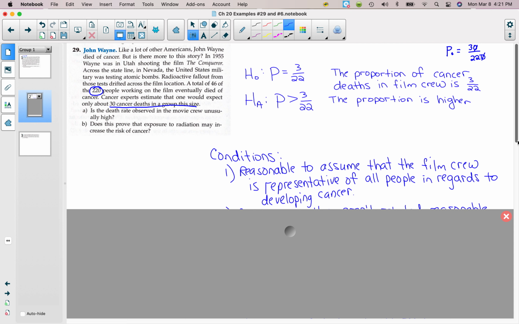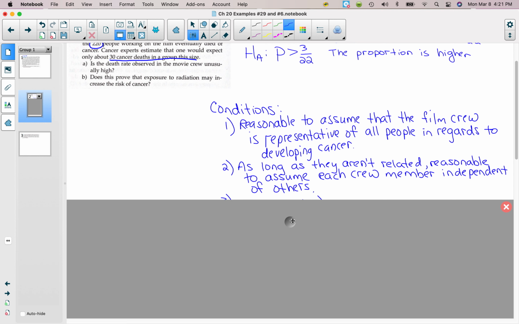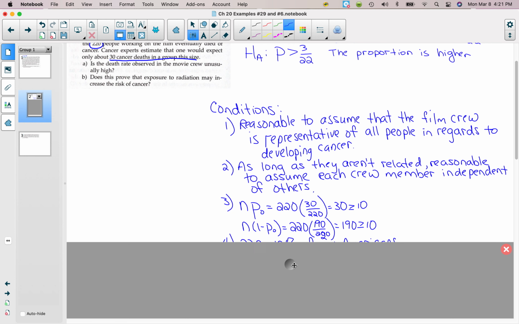I don't have any reason to believe that this group is any different than any other group. The second, as long as they aren't related, it's reasonable to assume each crew member is independent of others. If you had a family on the set, then possibly if one person was more susceptible to cancer, maybe the others would be.